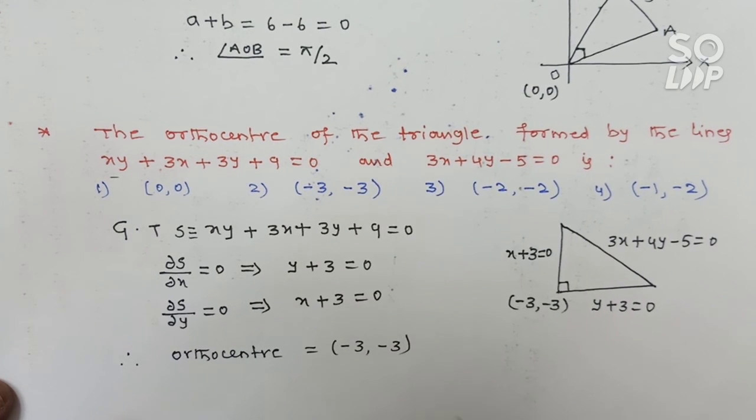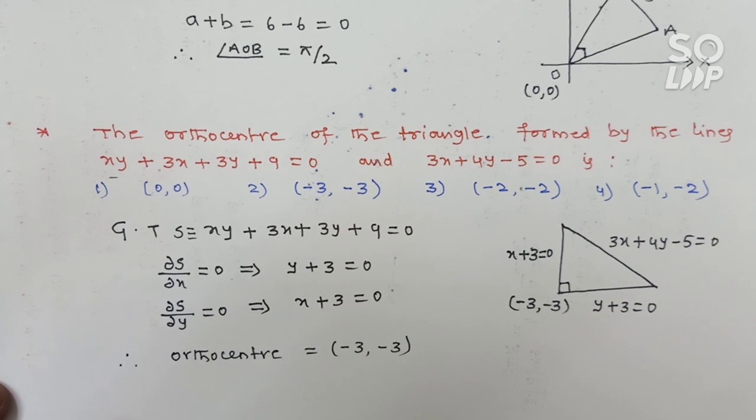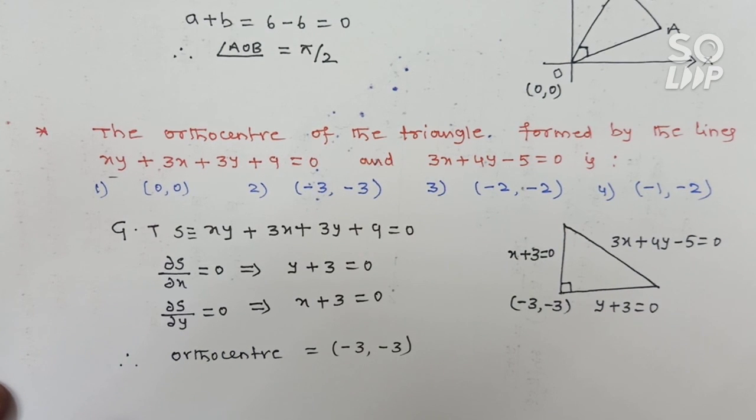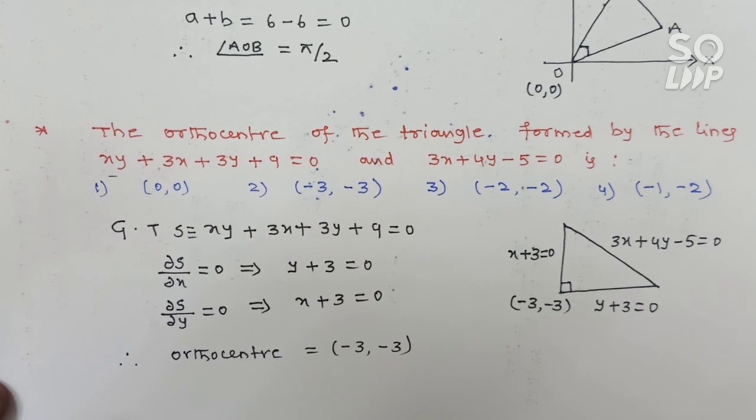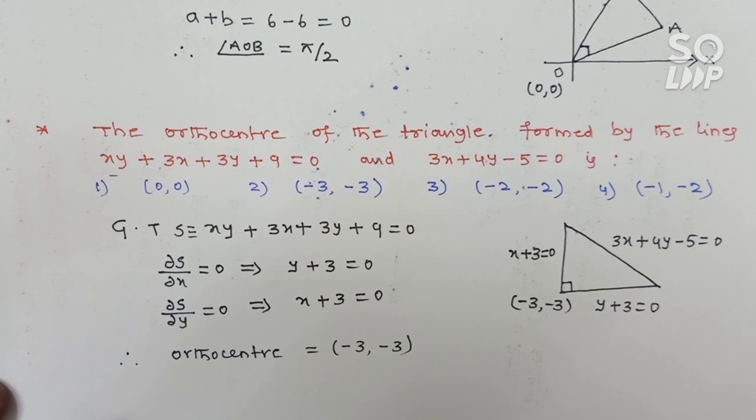So these are the different model problems related to the orthocenter concept. The first thing is, when the orthocenter is given and two sides of a triangle which pass through the origin are given, then how to find the third side. That is one model depending on the orthocenter.